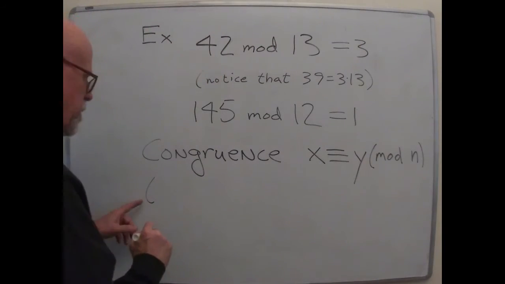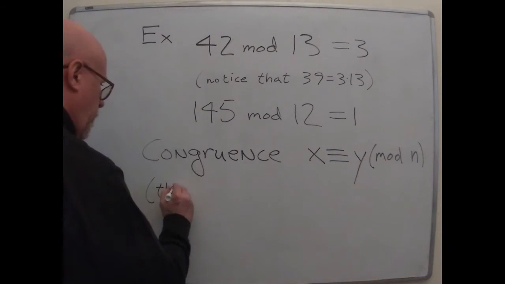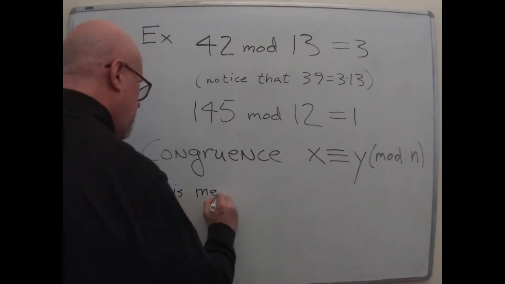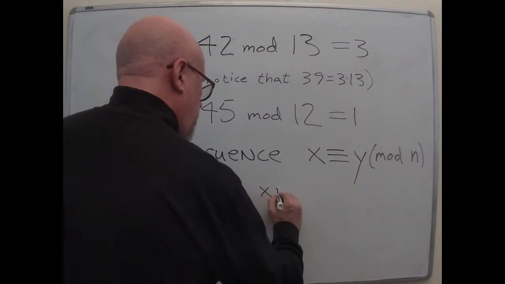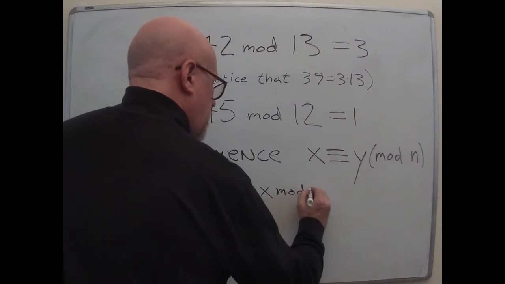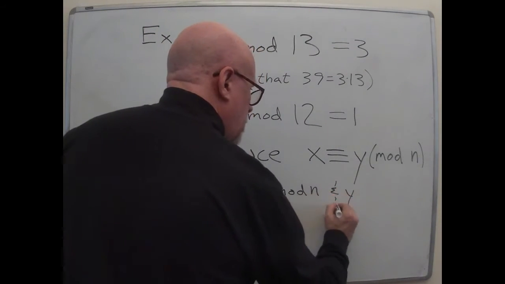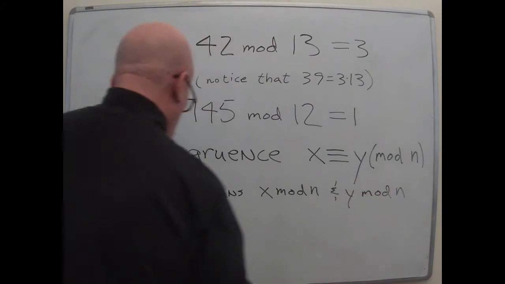We're going to come back to this point, but this is how you should actually think of it, I believe. It means that x mod n and y mod n are equal.